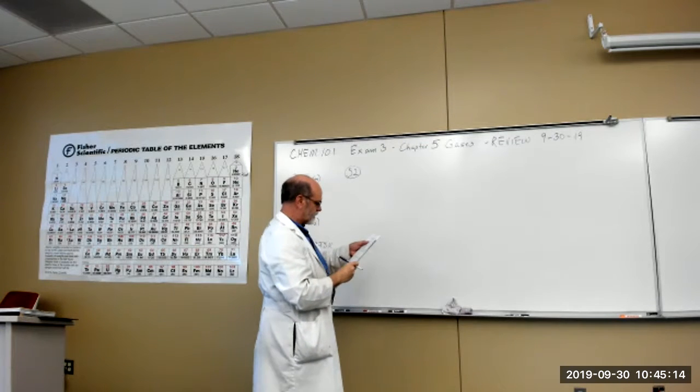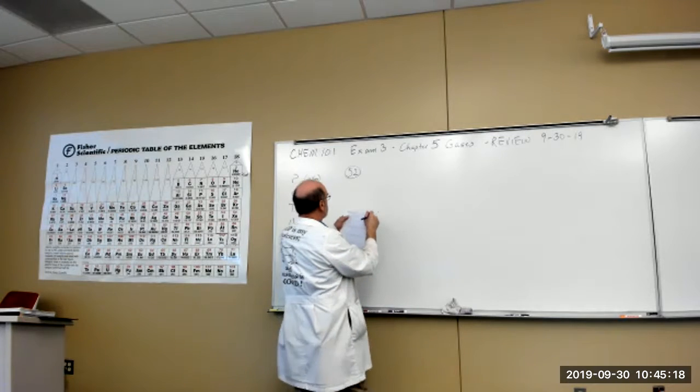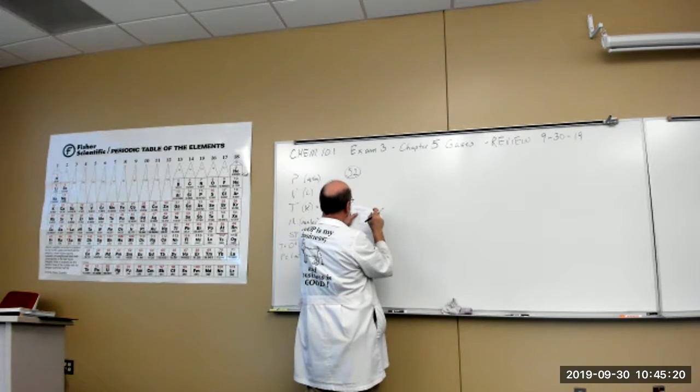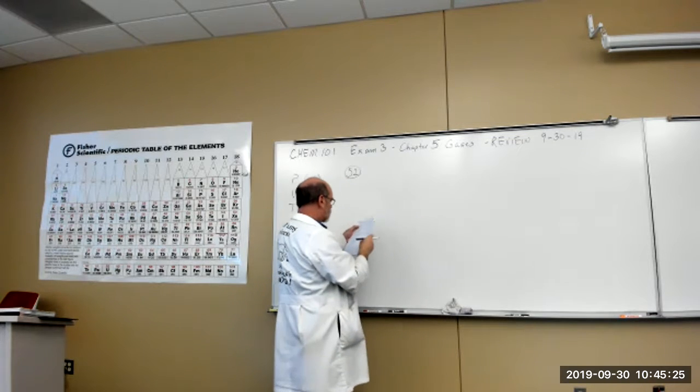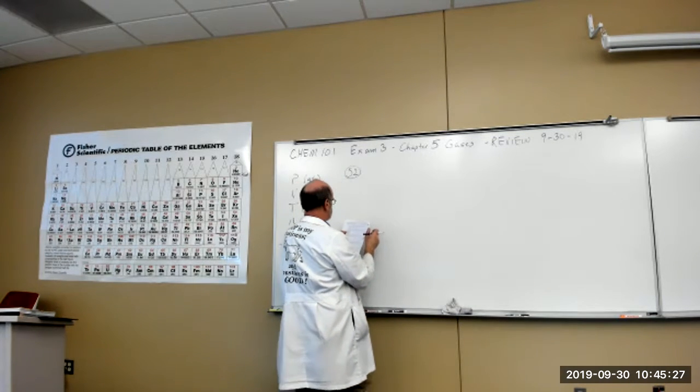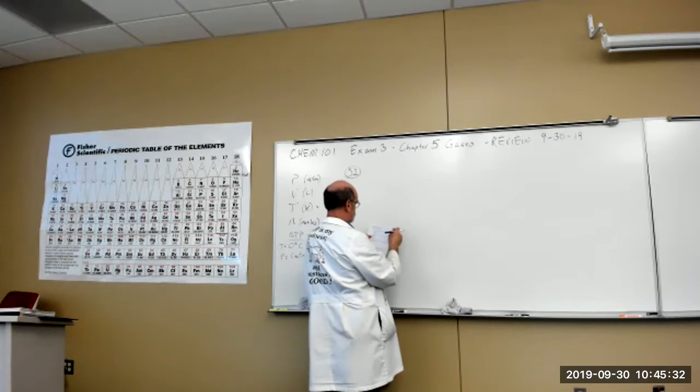I want to take a look at 56 also, right after this one, so don't let me miss it. All right. The mass, same conditions as 53, except we're asked for density of the gas.